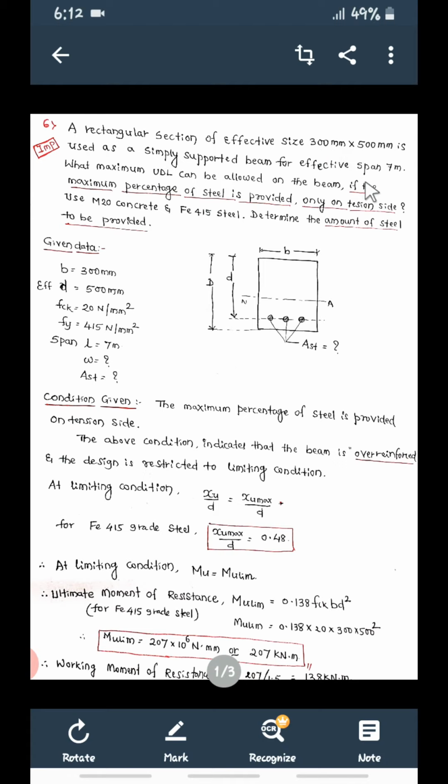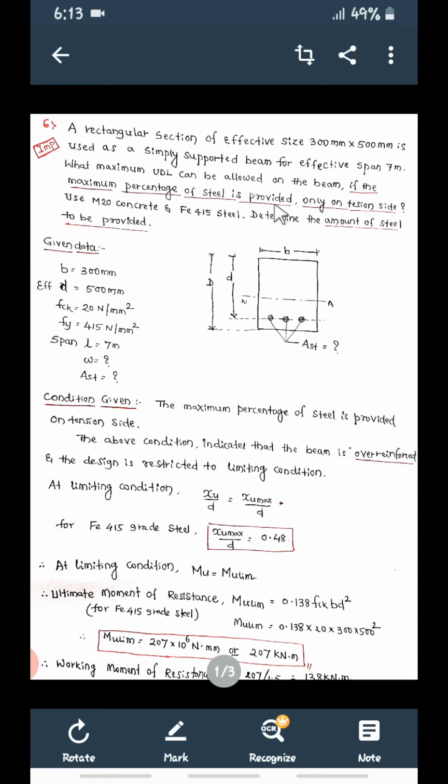Okay, right. What maximum UDL can be allowed on the beam if the maximum percentage of steel is provided only on tension side? Okay, this is important now. What maximum UDL, that is small w, we are going to calculate. What maximum UDL can be allowed on the beam? Condition is if the maximum percentage of steel is provided.